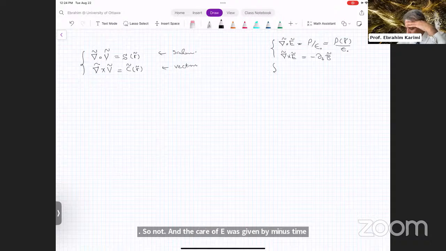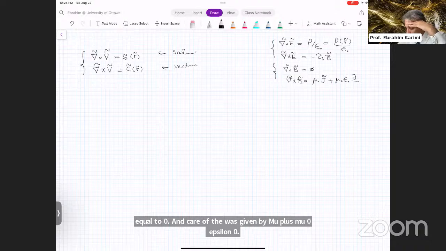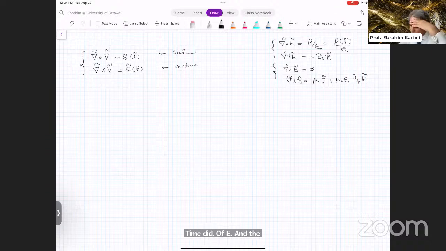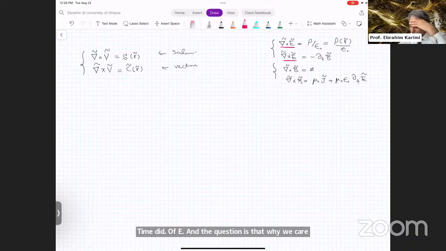And also for the magnetic field, we had the divergence of B equal to 0, and the curl of B was given by mu 0 J plus mu 0 epsilon 0 times the time derivative of E. And the question is, why do we care only about divergence and curl?